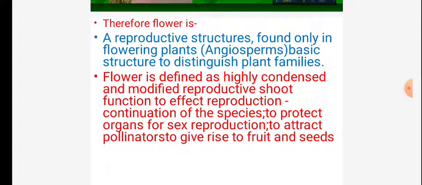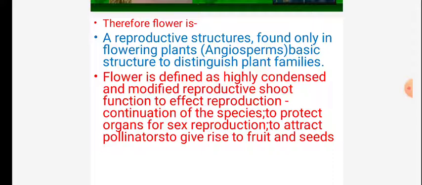Condensed means, as we know, the flower typically develops in each and every flowering plant, and it has different colors. Reproductive shoot means the androecium and gynoecium are present, and for attraction and pollination the calyx and the corolla are there.